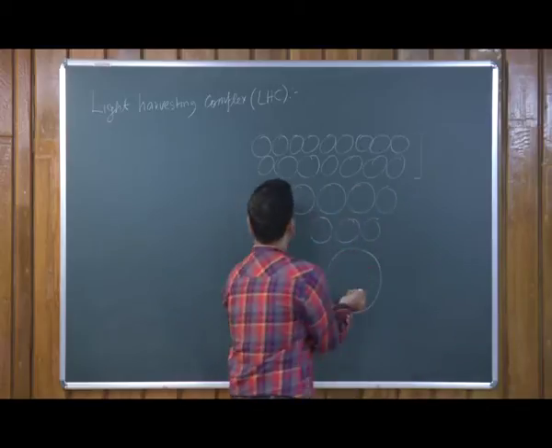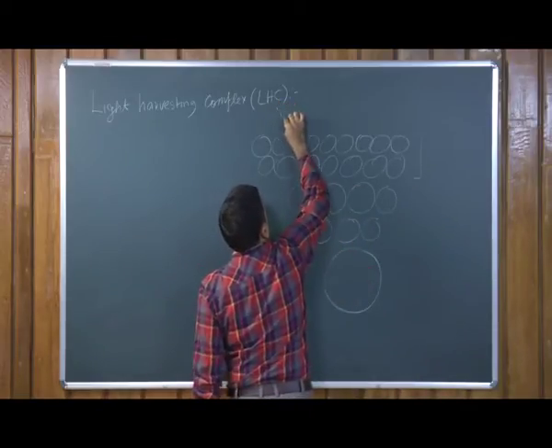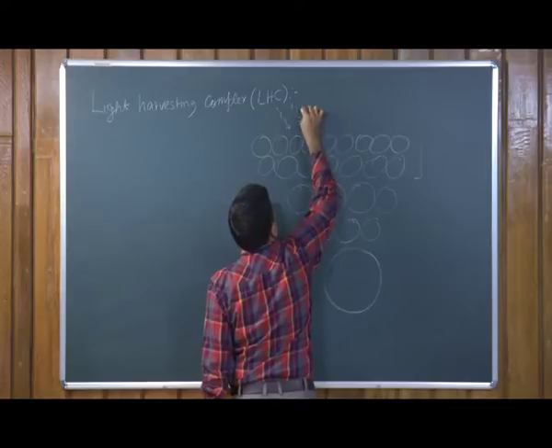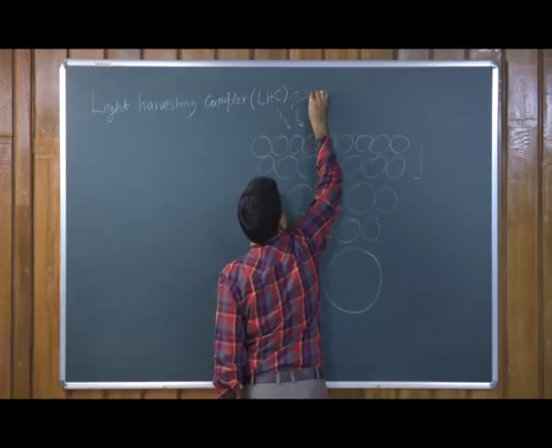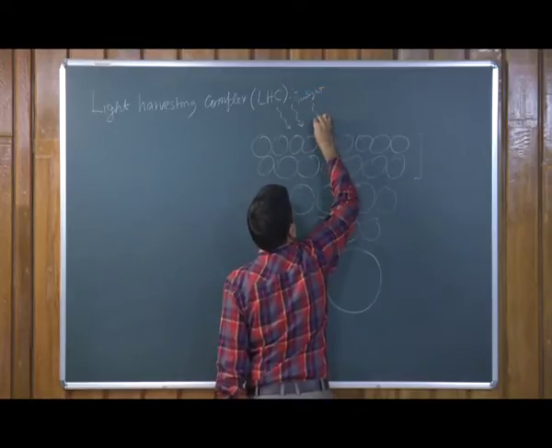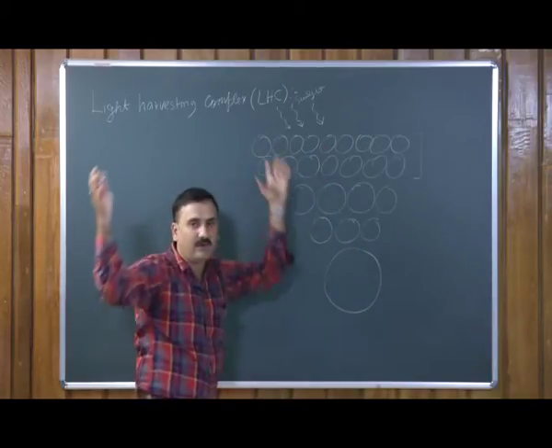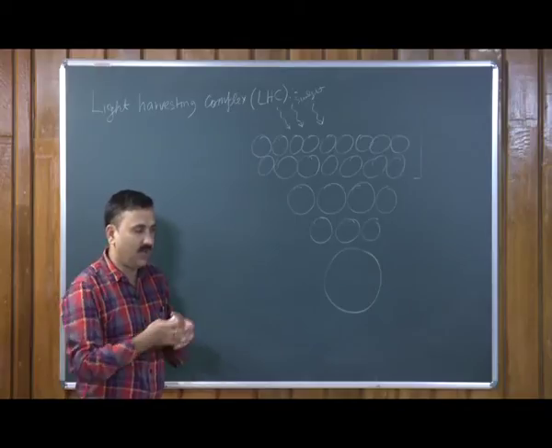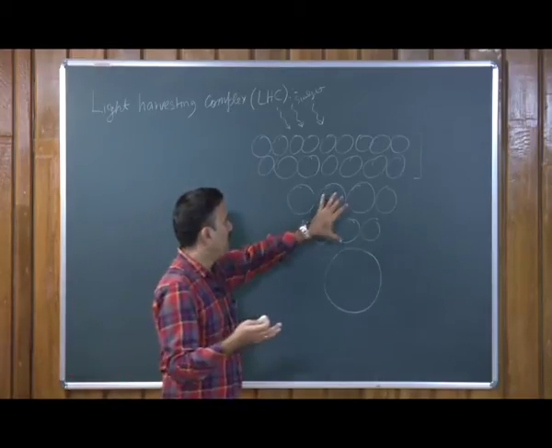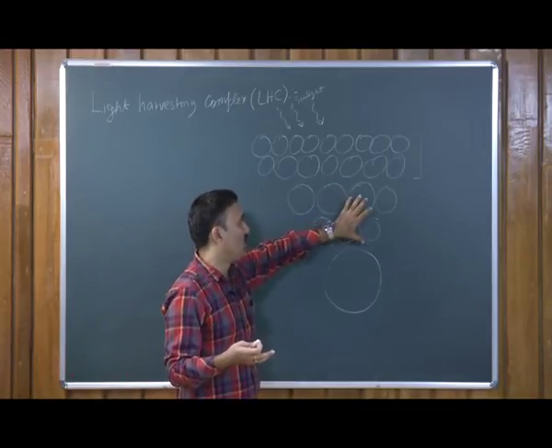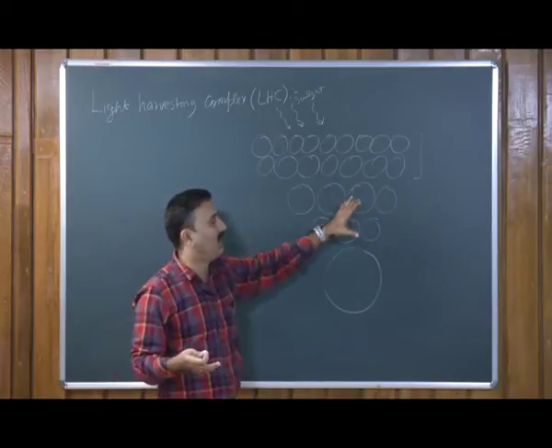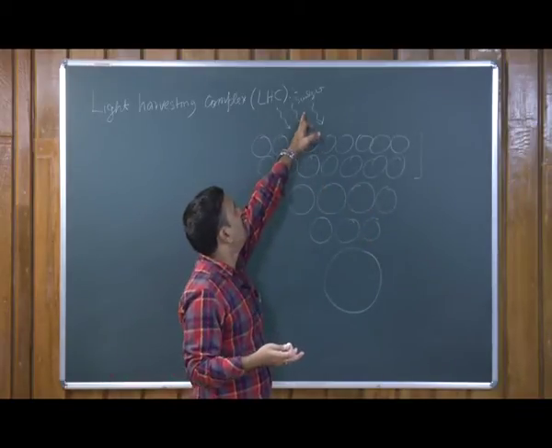Imagine that the sunlight is coming from this direction, giving the energy. You need a coat of accessory pigments, so that the molecules within the core of this light harvesting complex do not get this high energy light.